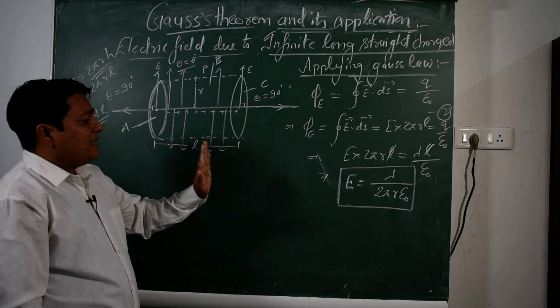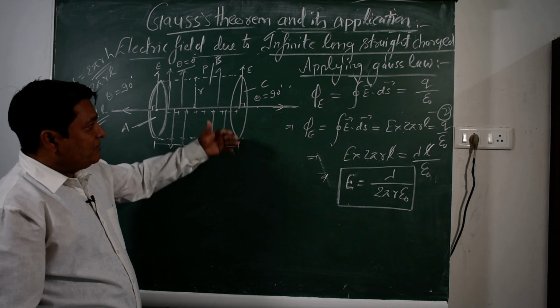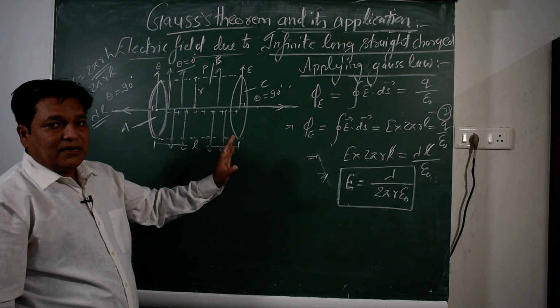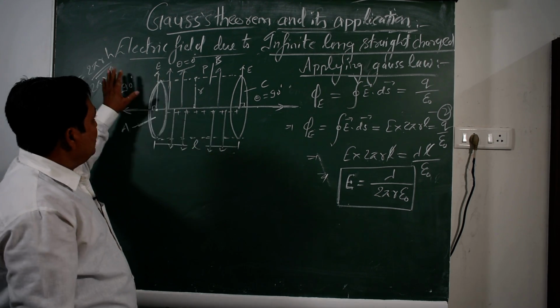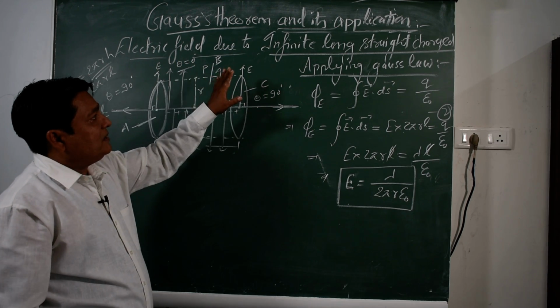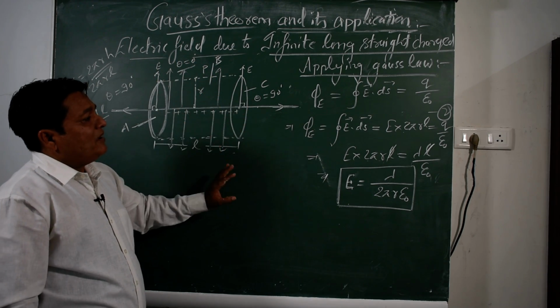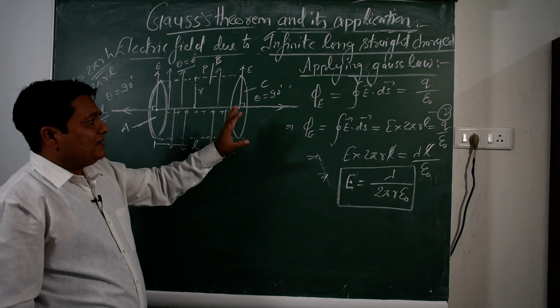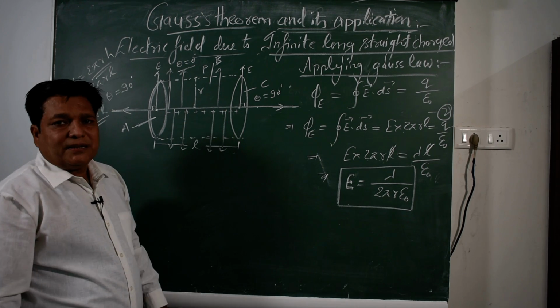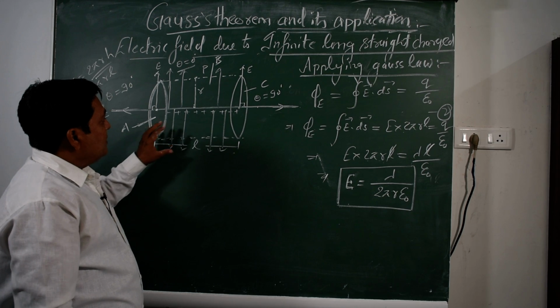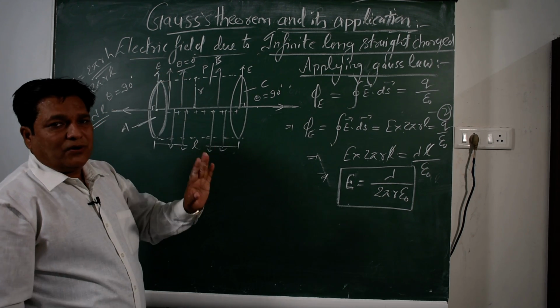Using Gauss law, we can determine the electric field in 3 or 4 steps.